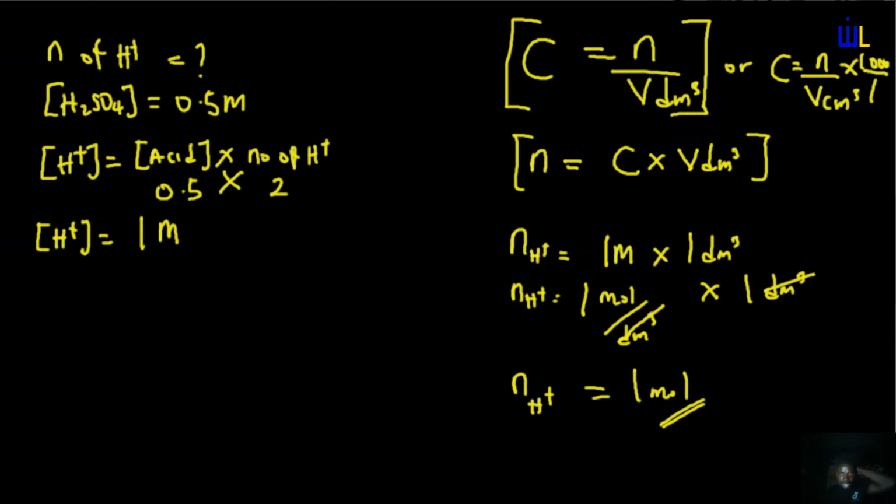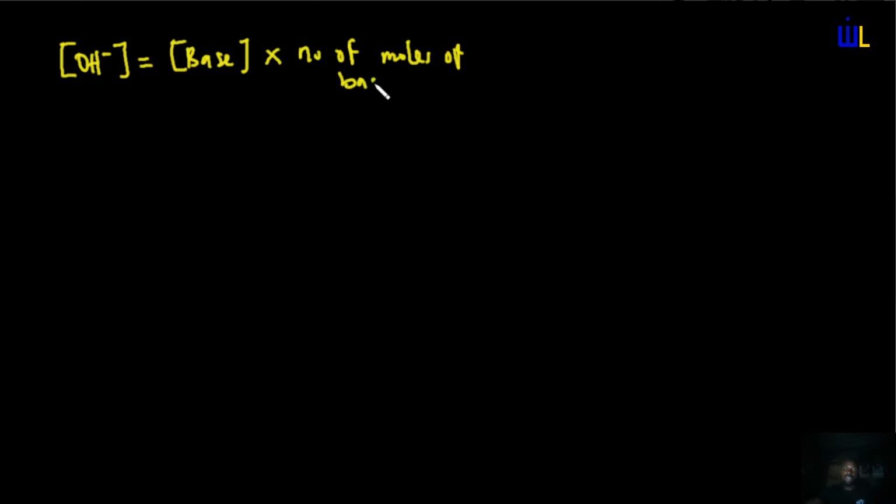The implication of what I just said is that if, for instance, we now decide to find the concentration of hydroxide ion in relation to a base, the concentration of hydroxide ion equals the concentration of the base multiplied by the number of moles of OH in the balanced equation.